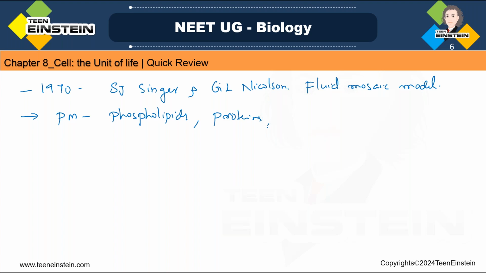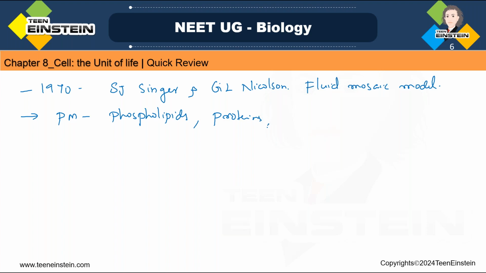Singer and Nicholson's fluid mosaic model is different from Robertson's model in the arrangement of protein. According to their model, the plasma membrane consists of phospholipids and proteins. Intrinsic protein means integral protein and extrinsic protein means peripheral protein.